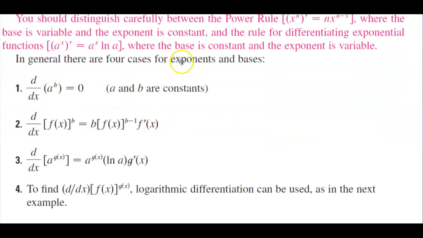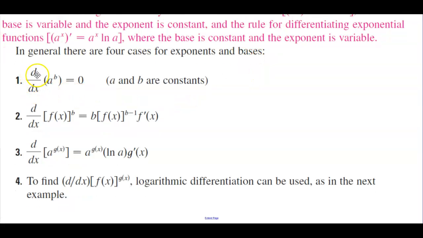In general, there are 4 cases for exponents and bases. Number 1, the derivative with respect to x of a to the b is equal to 0, where a and b are constants. Number 2, the derivative with respect to x of f of x to the power of b is equal to b times f of x to the b minus 1 times f prime of x.